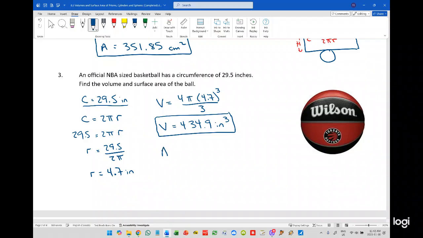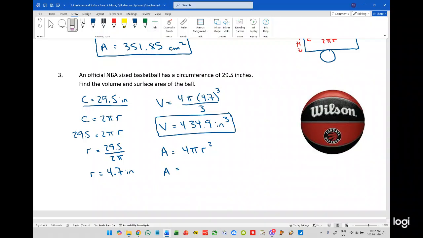The area is 4 pi r squared. It's a little bit interesting to know that if you cut the ball in half, you'd get a circular cut. And it's exactly 4 times the area of that circle that gives the area of the whole ball. Another interesting calculus proof. But again, we'll just punch it into our calculator.